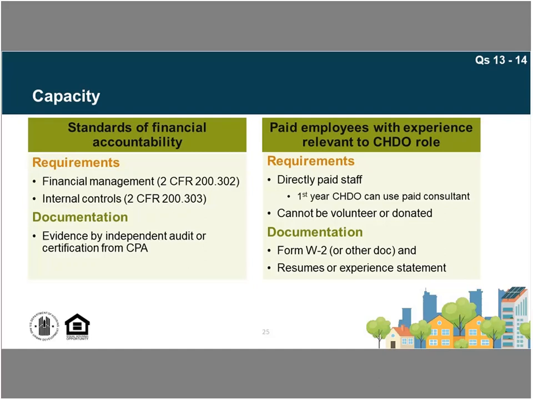It can't just be a CHDO that uses the staff of other organizations, including its parent, because the purpose of the CHDO part of the statute, as I mentioned earlier, was to build the capacity of the community-based nonprofit sector to do development. And HUD concluded that it's not possible to build capacity if you don't actually have staff in the organization. So a shell entity as a CHDO would no longer be acceptable.